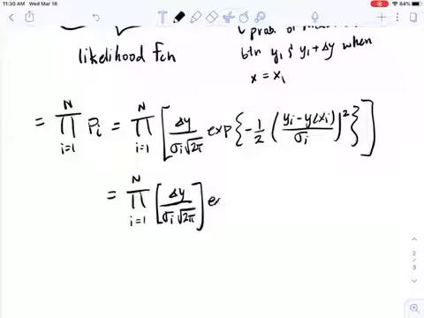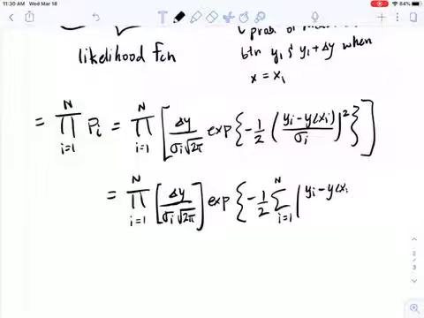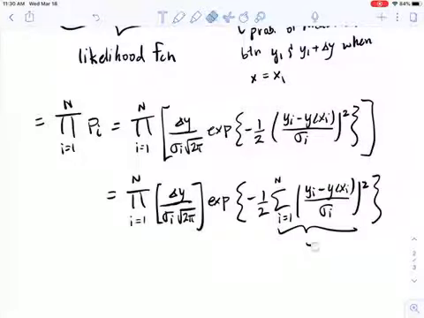But then the exponential becomes a minus 1/2, and then it's the sum from i equals 1 to n of (yi minus y of xi) over sigma i, squared, like so. And this sum is exactly what we called chi-squared. That's just a refresher of where chi-squared came from.